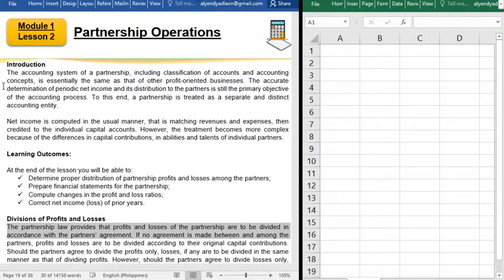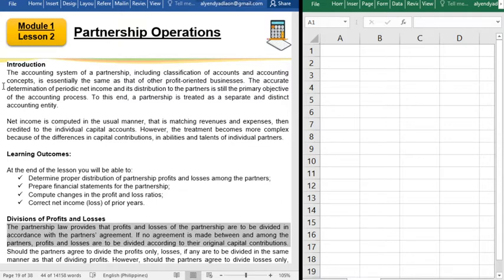Now, if no agreement is made between and among the partners, profits and losses are to be divided according to their original capital contributions. There may be times when the partners were not able to state in their articles of partnership the method of allocation of profits. That is why the law has specified that if there is no agreement among the partners, then it shall be divided according to their original capital contributions.